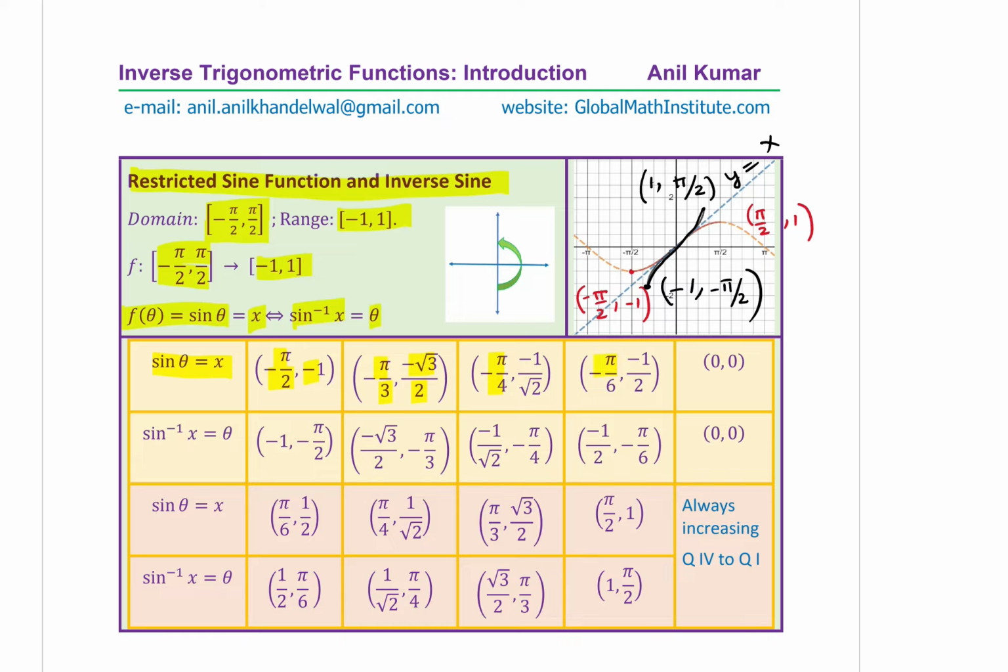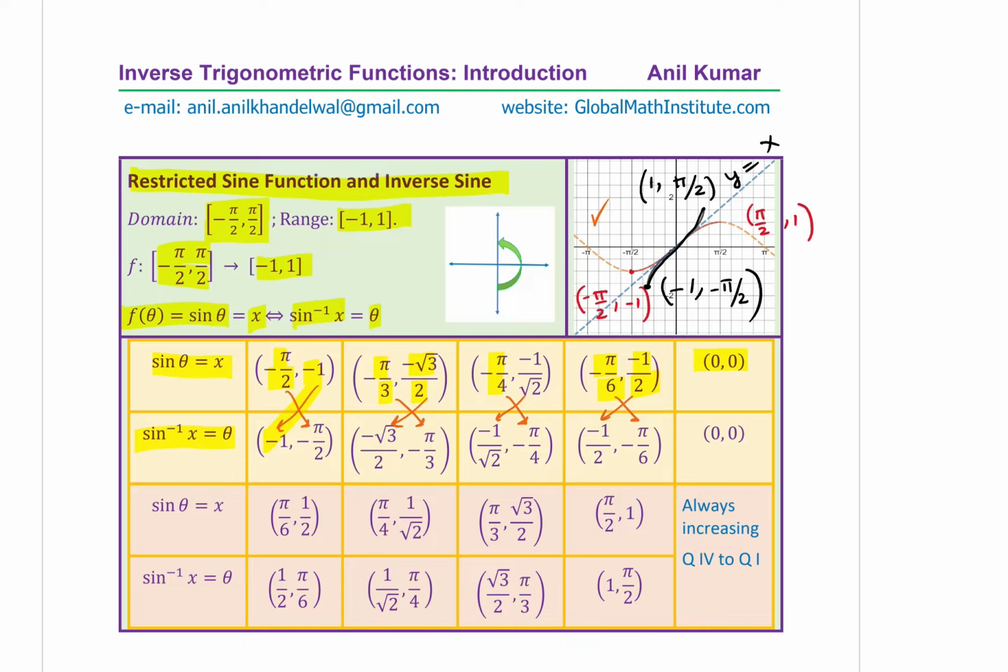Now, based on these key points, we can always calculate the inverse by swapping the values, right? So the y value becomes the x value and the x value becomes the y value. So those can be swapped and you get the values for the inverse function. And then they can be plotted on the graph to get the result which is shown right there. Is that clear to you?